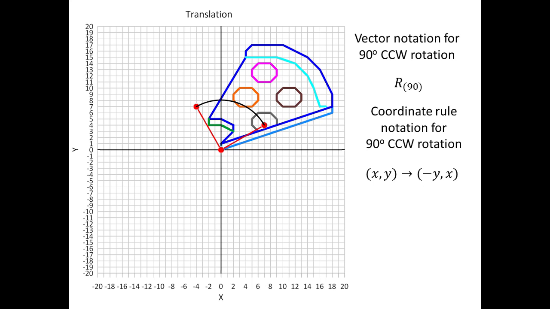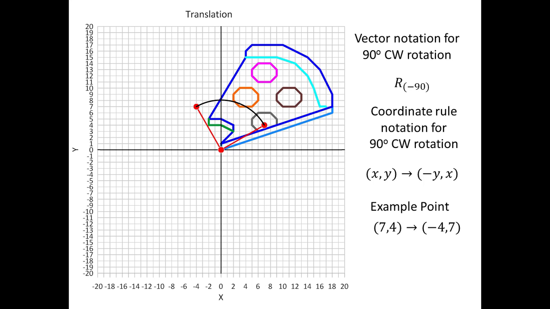The coordinate rule for a 90 degree counterclockwise rotation is that the point (x, y) goes to (-y, x), so the x and y are swapped and the x coordinate becomes negative. The example point (7, 4) is translated to the coordinate (-4, 7).